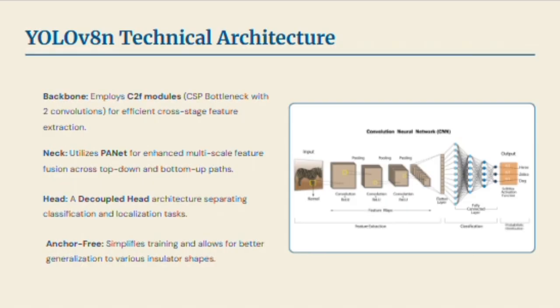The head produces the final output in the form of bounding boxes, class labels, and confidence scores for each detected object. It also performs multi-scale predictions, enabling it to detect small, medium, and large objects effectively. Overall, the head acts like the decision-making part of the model, providing the final detection results. The anchor-free design is used because it simplifies training and allows for better generalization to various insulator shapes.